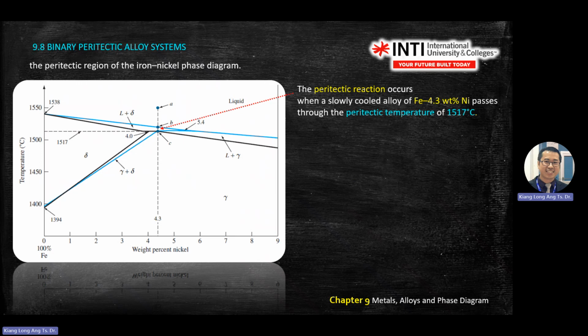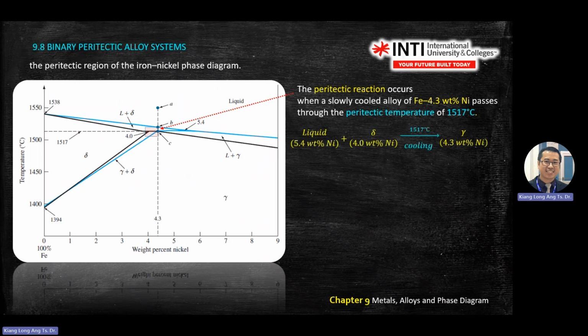So here 4.3% nickel combined with 95.7% of ferrum passes through the temperature of 1517.